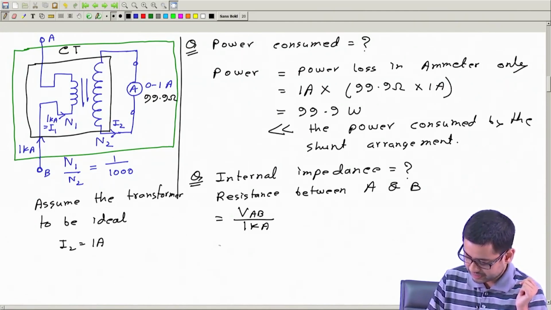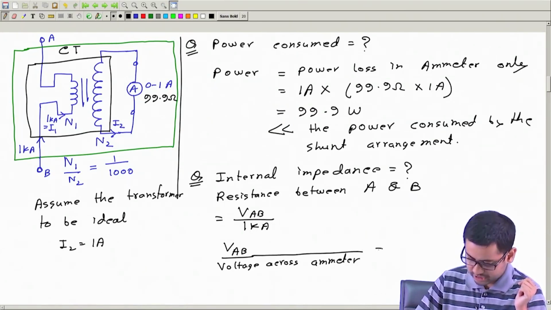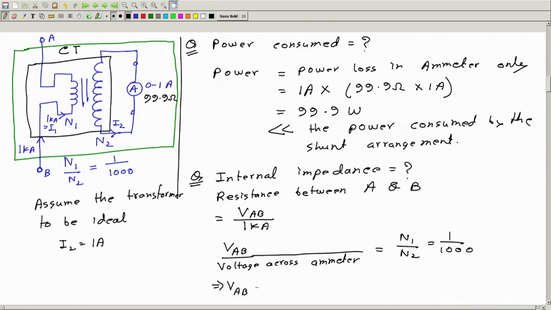Okay, so we can write this, say VAB divided by voltage across ammeter, this will be nothing but equal to N1 by N2, which is 1 over 1000, and this implies VAB will be voltage across ammeter divided by 1000, and voltage across ammeter is nothing but equal to this current which is flowing here, 1 ampere multiplied by this resistance 99.9 ohm.